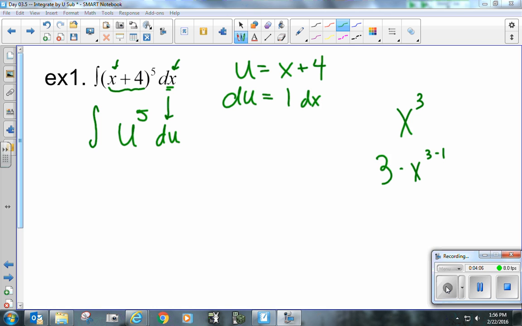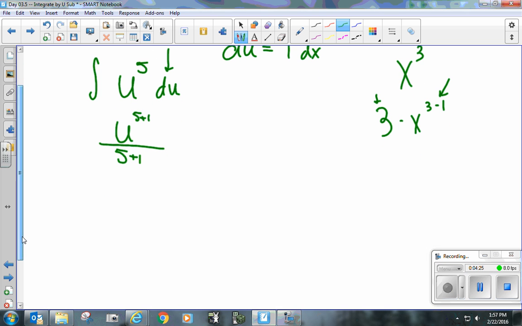So I've got to add 1 first, then divide by it. I add 1, then divide. So it is u to the 6th all over 6.